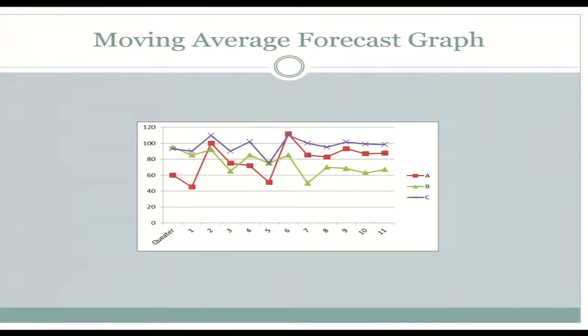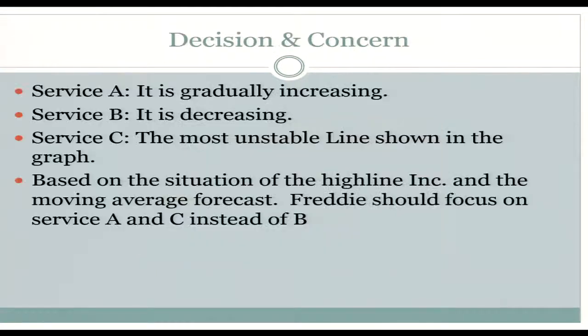And we don't know what the data is for the next quarter. So finally, service A is increased, service B is decreased, service C is most unstable.